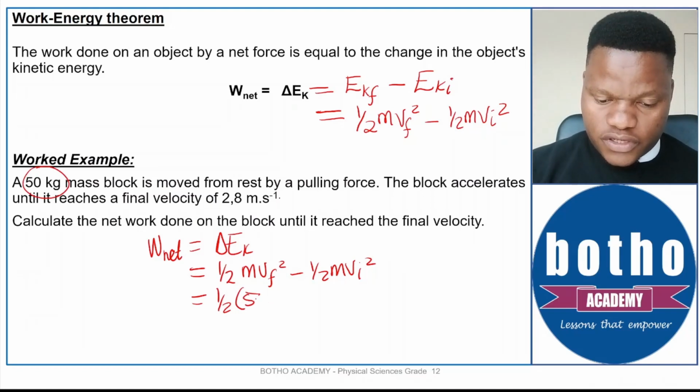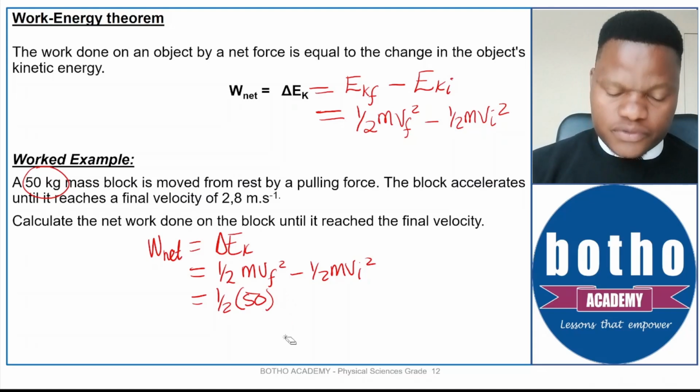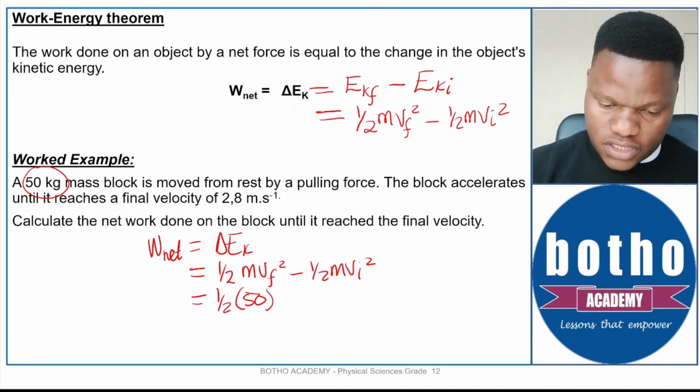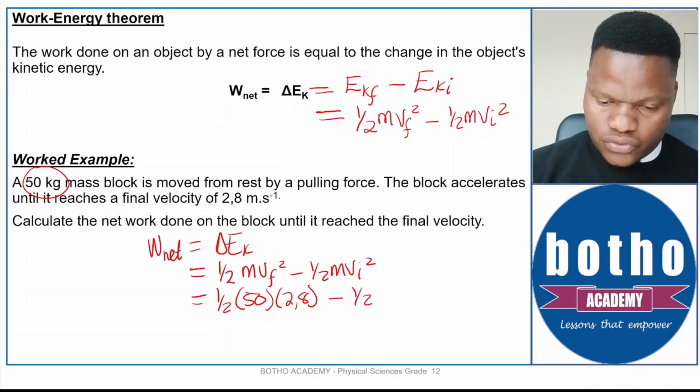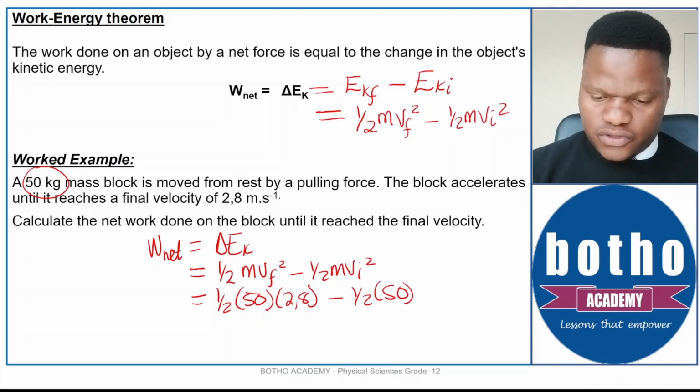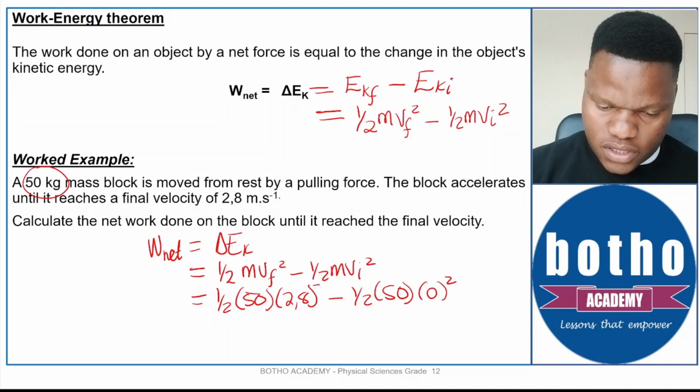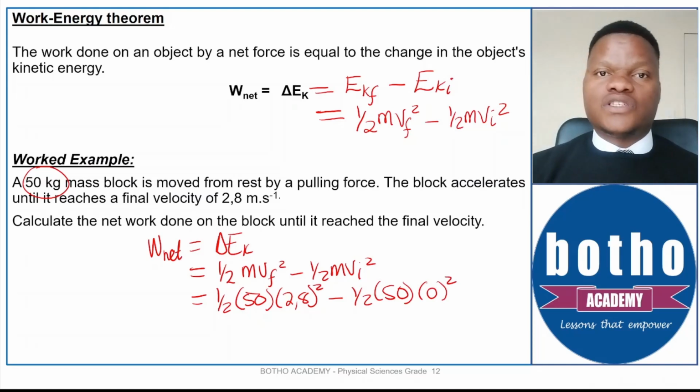Okay, so then we say 50 times vf squared. We substitute vf because it's given to us as 2,8, minus 1 over 2 into 50. You'd see that this is actually equal to 0 this side, but let's just substitute anyway: 0 squared. Remember to square the velocities there.